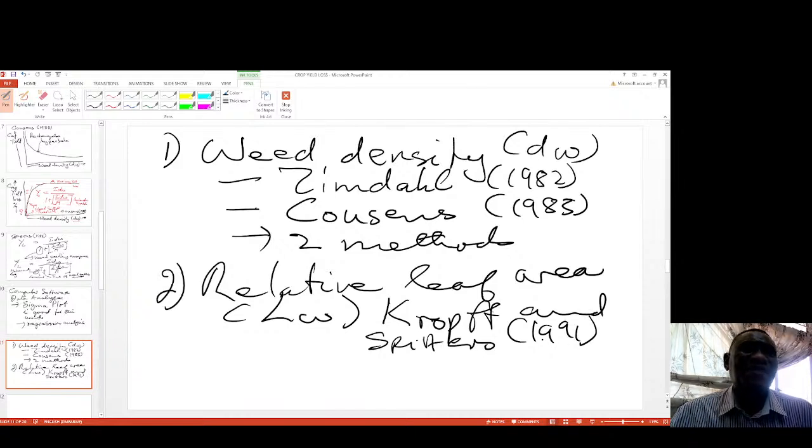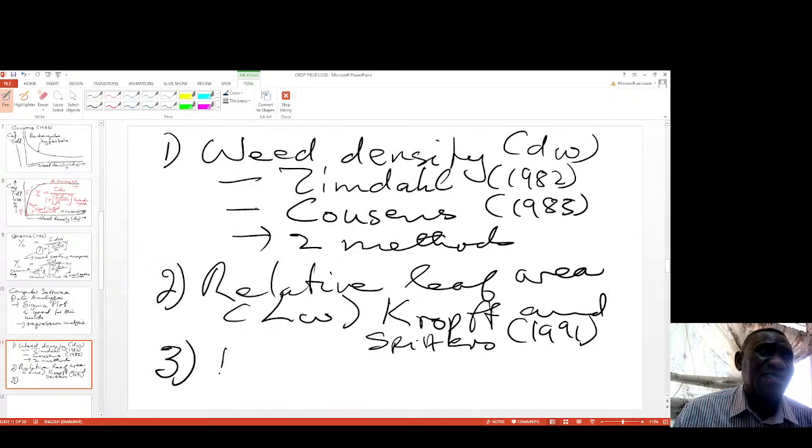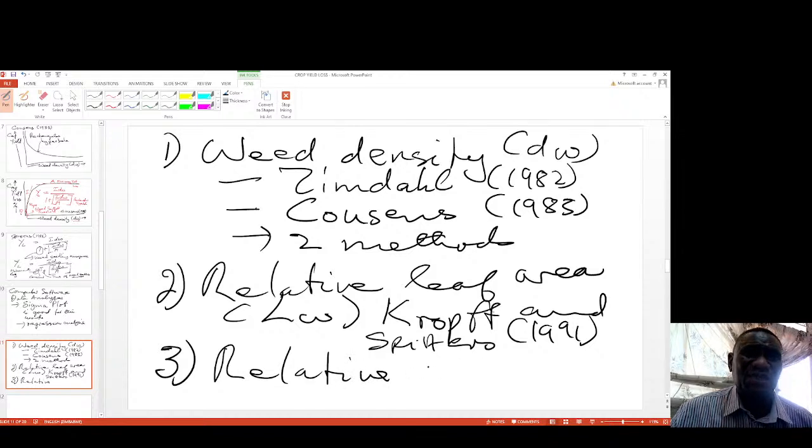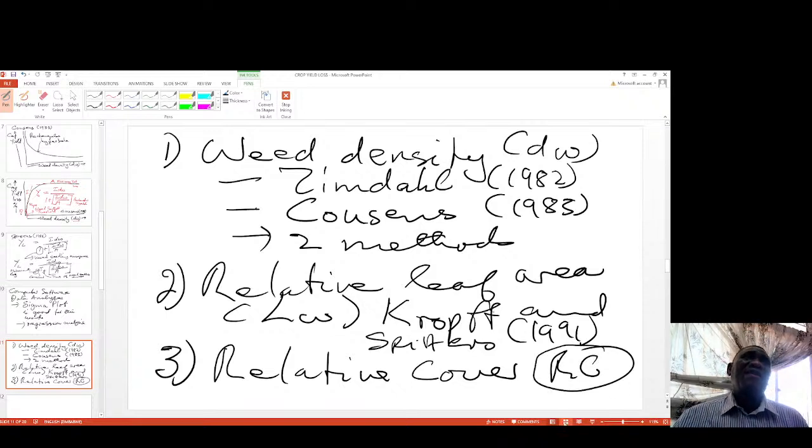The use of relative leaf area. But we have found that working with another parameter known as relative cover, or RC, could simplify issues. So we have talked about this with density, and we have gone through all these.